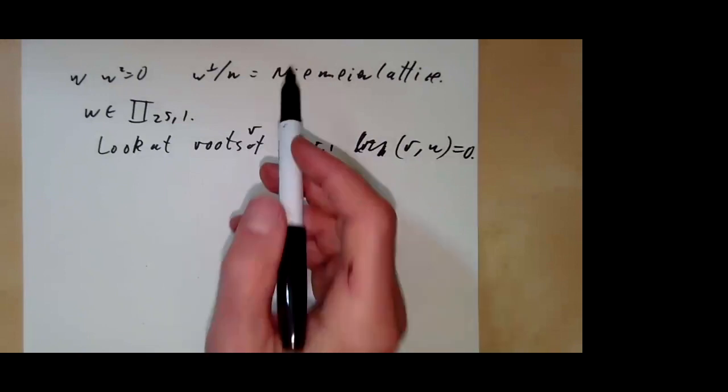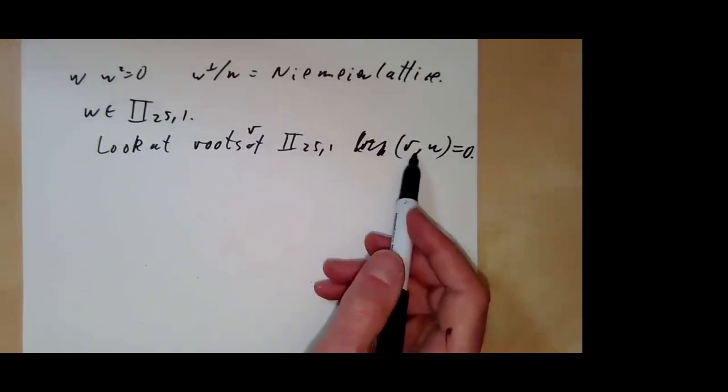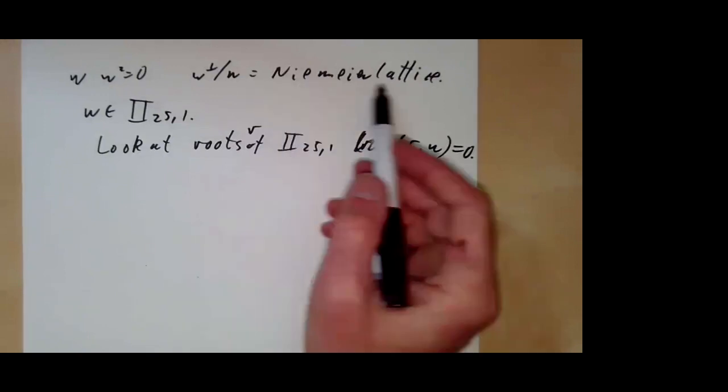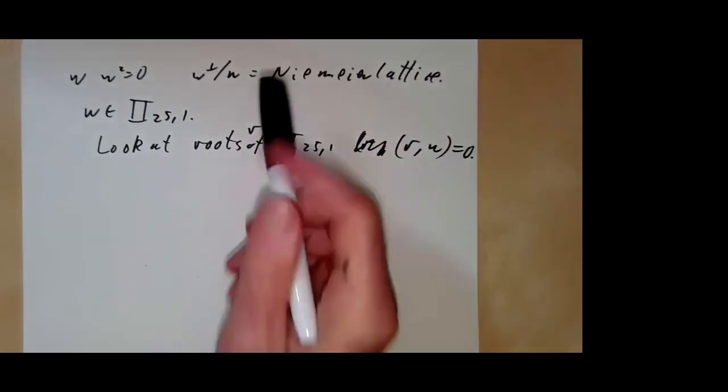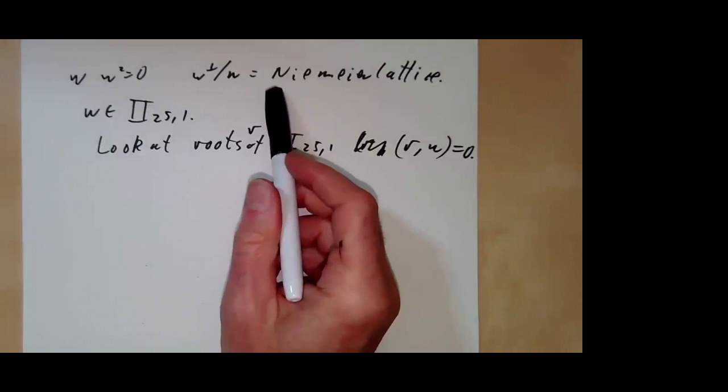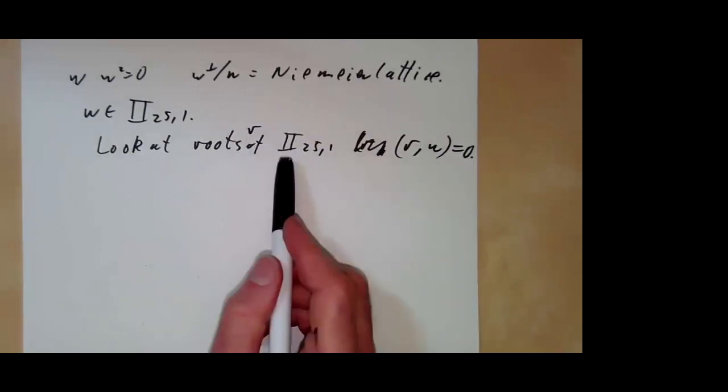This will give us a collection of simple roots giving a Dynkin diagram. It's just the Euclidean Dynkin diagram of this Niemeier lattice. So the Euclidean Dynkin diagram of any Niemeier lattice actually appears in the Dynkin diagram of this lattice here.